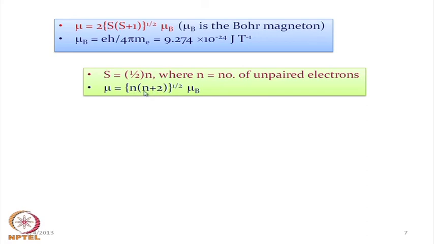So, if n is the number of unpaired electrons, and if we substitute S is equal to half of n, because the total S we are getting is due to the contribution of the individual unpaired electrons, each contributing a spin value equal to half.